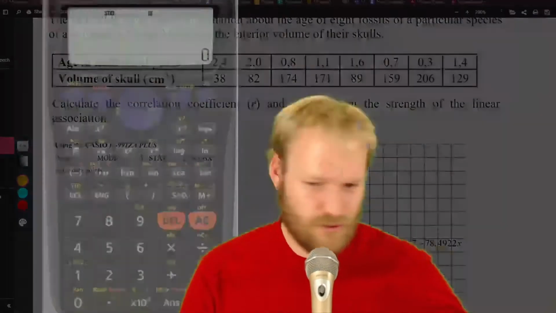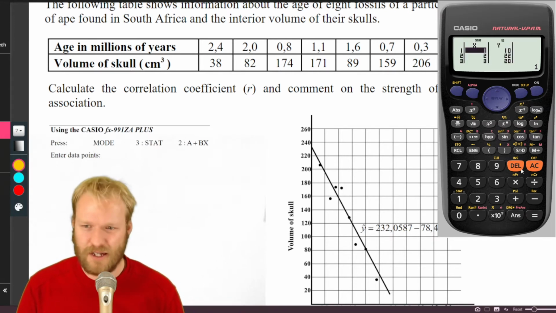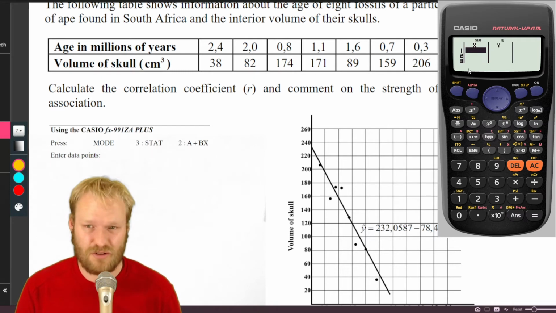So I'm going to load this up. There we go, the calculator. So we've got shift stat. I'm going to go 2 to the data. You can either clear it all, or if you just press delete, you can get rid of everything. So let's put our data in here.